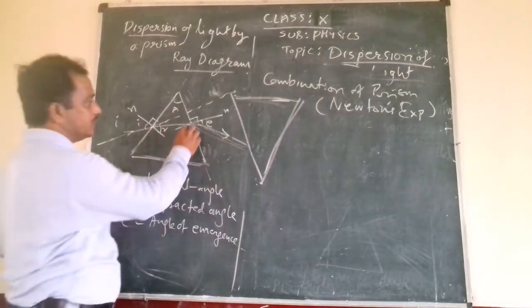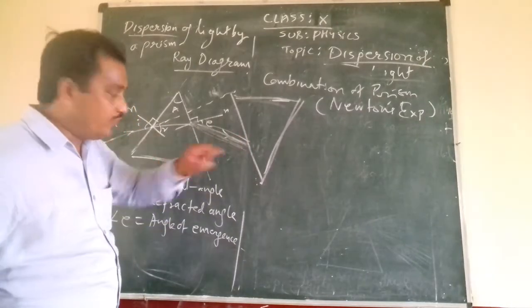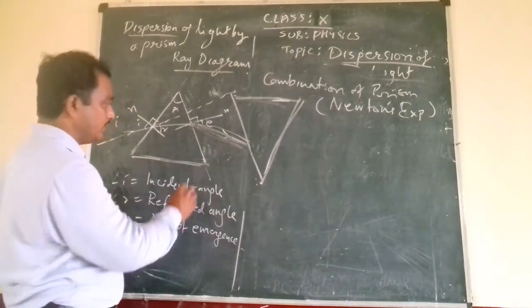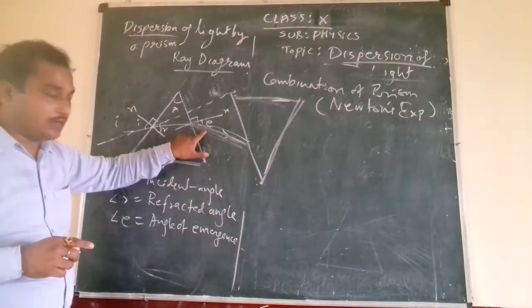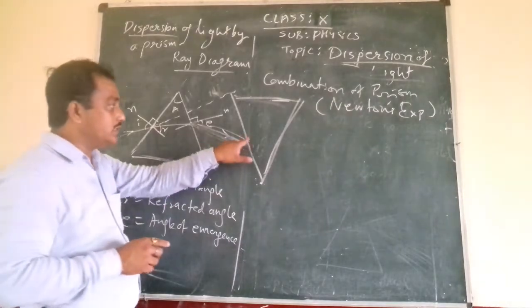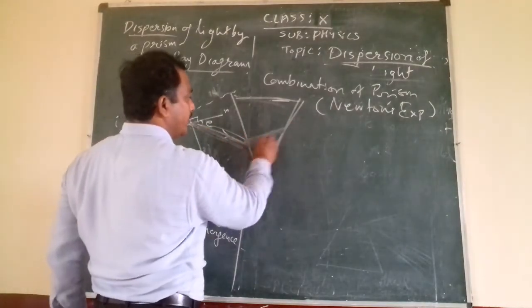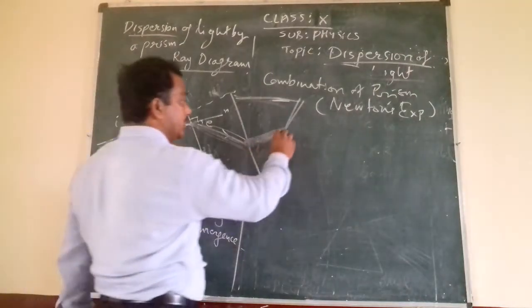So what will happen? The emergent ray will act as the incident ray for the other prism. Earlier it was incident, refracted, emergent. Now this emergent ray is falling on the other prism, so it will become the incident ray, be refracted, and then emerge out.